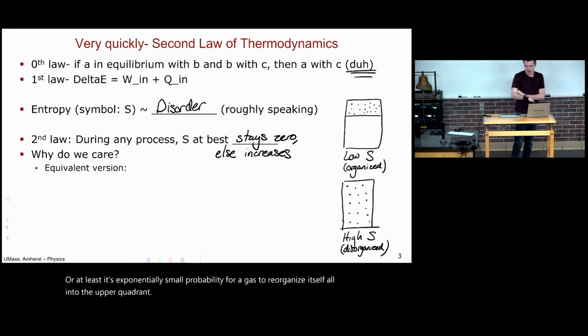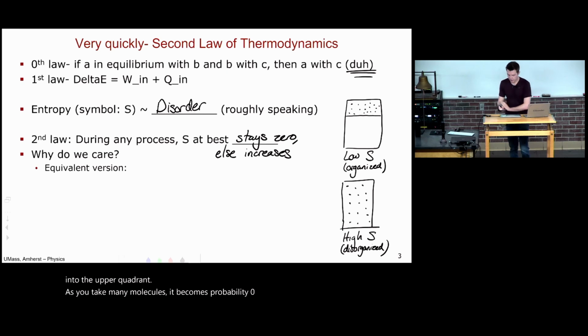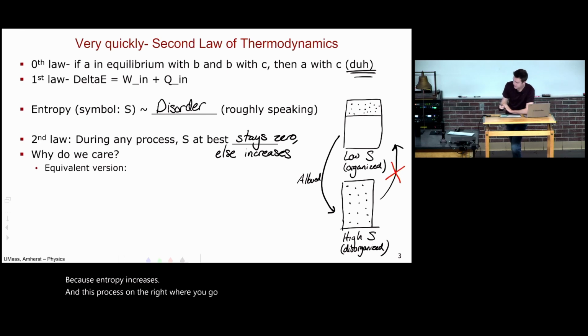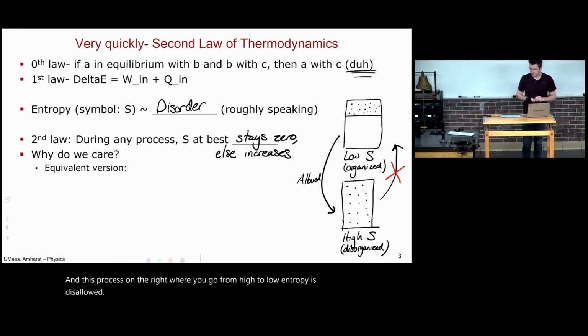As you take many molecules, it becomes probability 0. So this process is allowed by the second law because entropy increases, and this process on the right, where you go from high to low entropy, is disallowed because entropy would be decreasing.